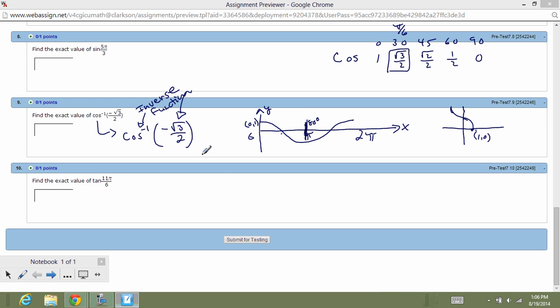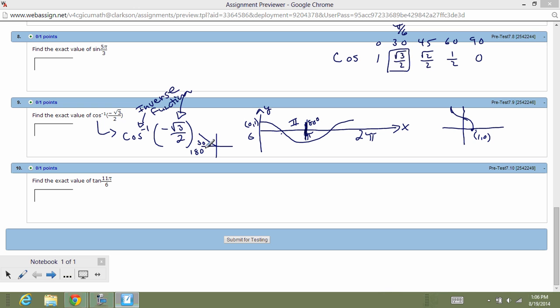So with a reference angle determined of 30 degrees, all we need to do is put that in that second quadrant. So where's 30 degrees in the second quadrant? Well, if you draw up 30 degrees as a reference angle in the second quadrant, here's 180 degrees.